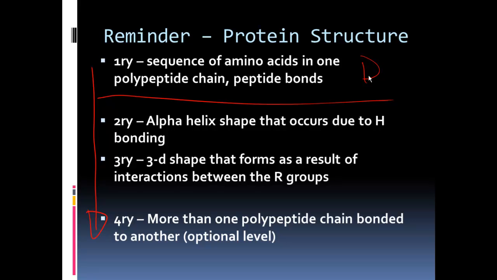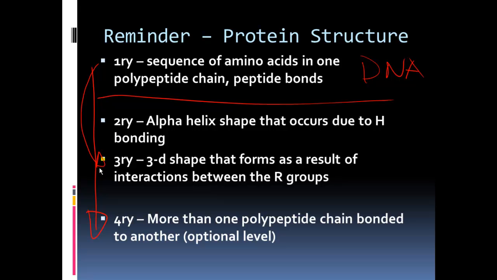And DNA's code is what provides the information on the primary structure of a protein. The primary structure is what will ultimately determine the tertiary, the final 3D shape of the protein. And this ultimately is what determines how this protein will function in our body.